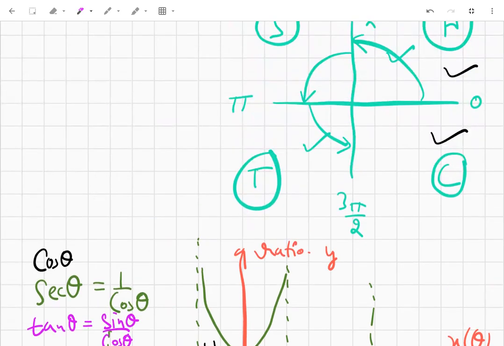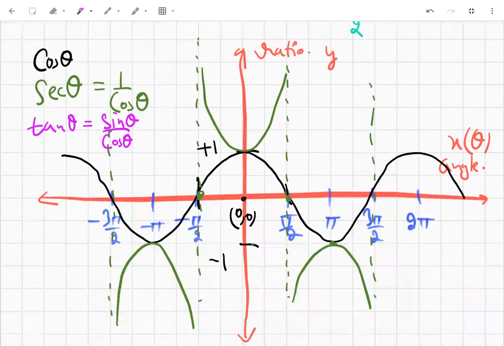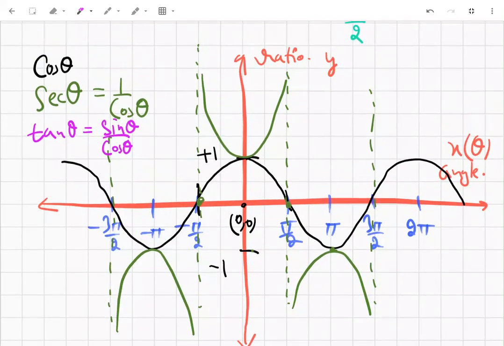Now tan is positive here and here, right? So in 0 to pi by 2, tan is positive. That is enough to give us some context. So my graph will come from here, cross 0 here. Okay.